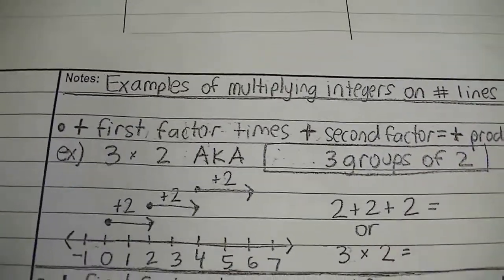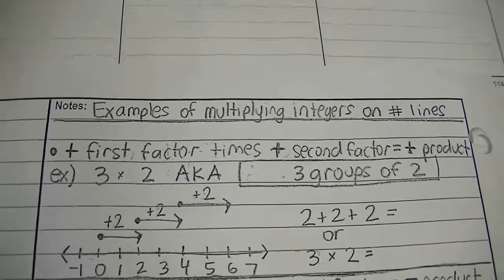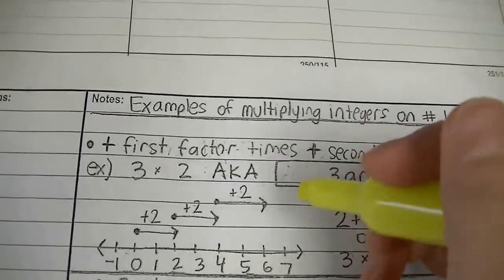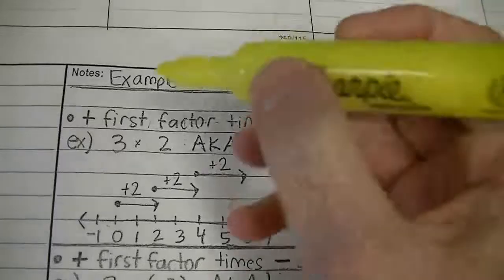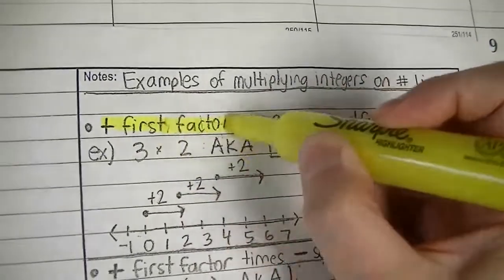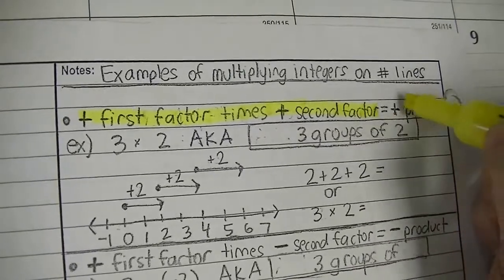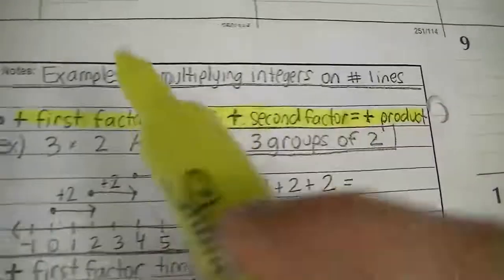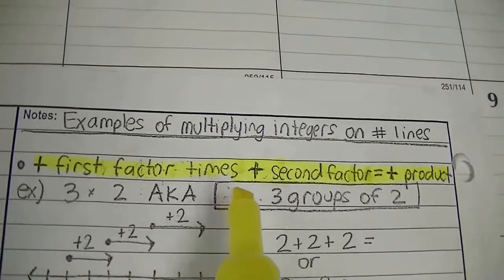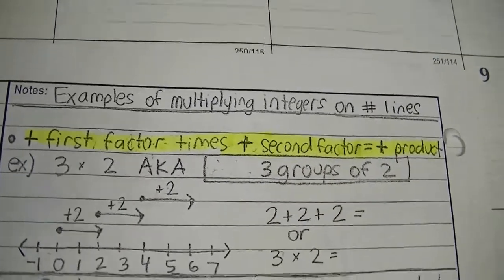Okay, so I want you to highlight this: when you have a positive first factor times a positive second factor, that's going to give you a positive product.